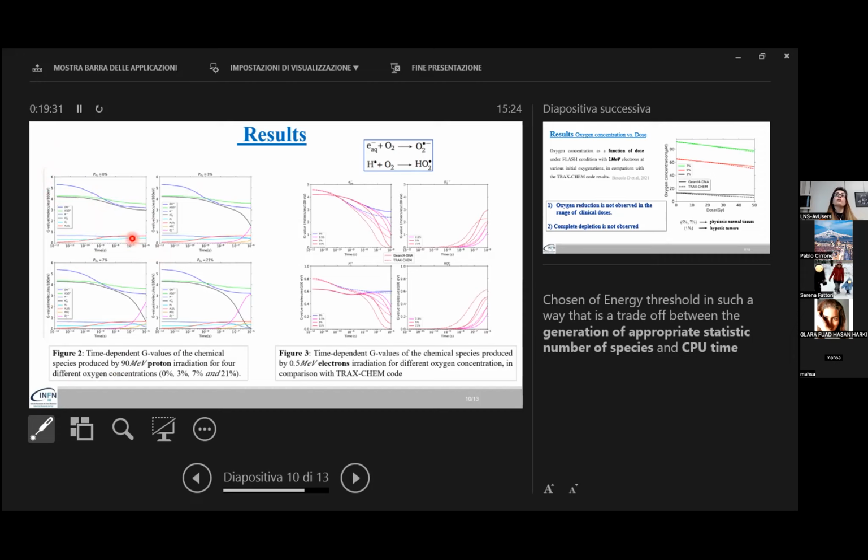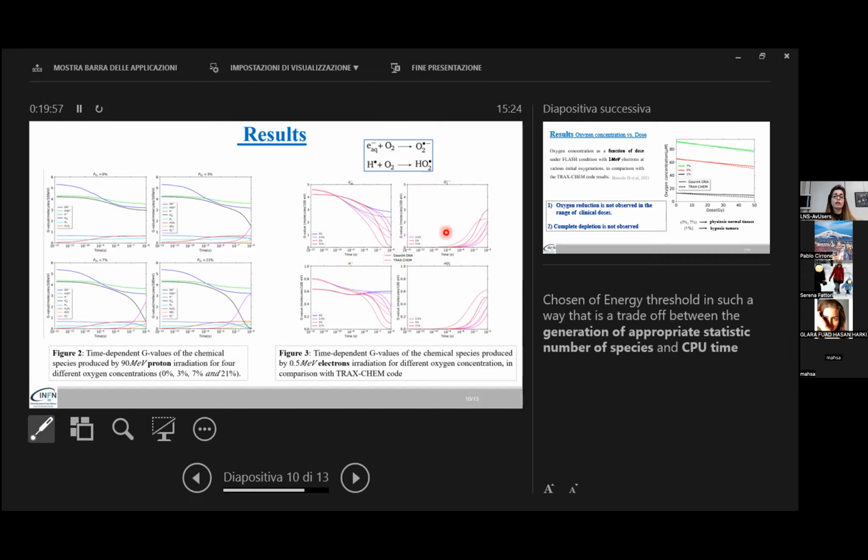It means, okay, according to these reactions, all of the available oxygen in the target can be consumed by these two radicals. And in another plot, you can see the proportional reduction of hydrated electrons and atomic hydrogen.